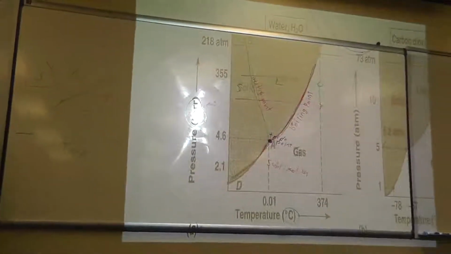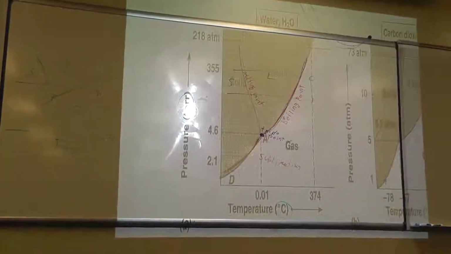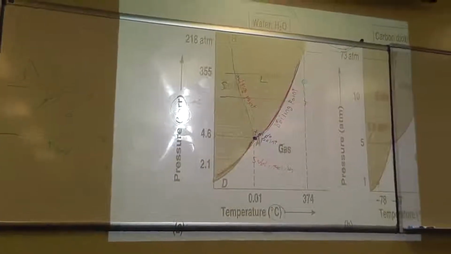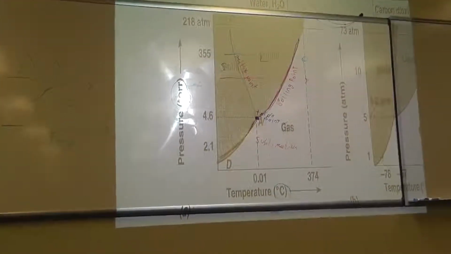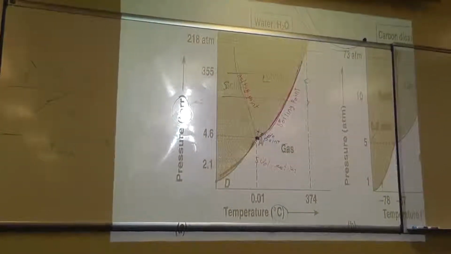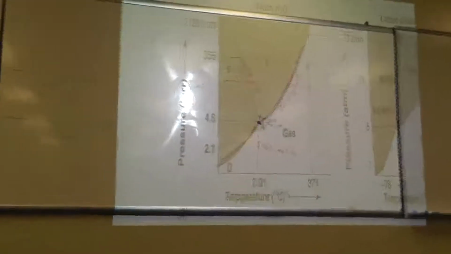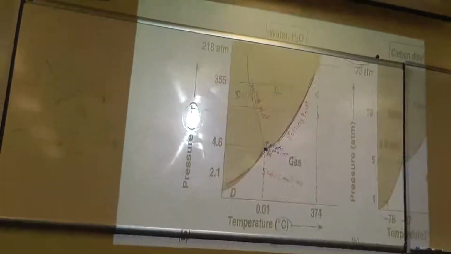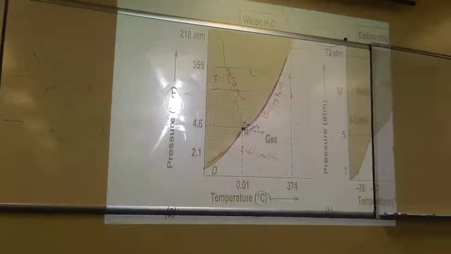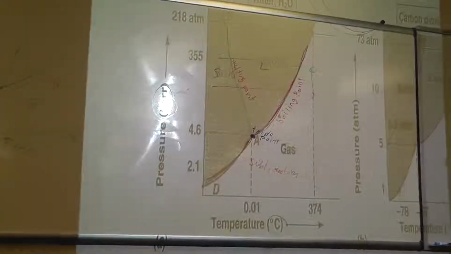At that set of conditions, all 3 phases coexist. And it's not that one is changed into another, they all just coexist. And you can see that truly is a point. There's one special set of conditions where you can get that to occur.